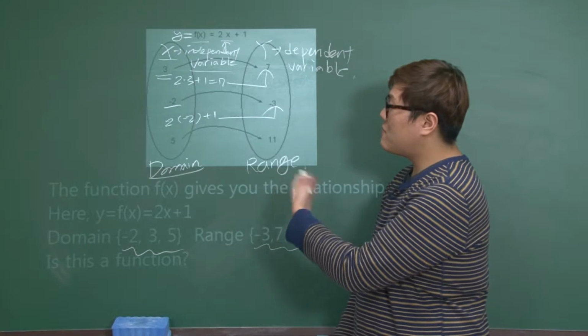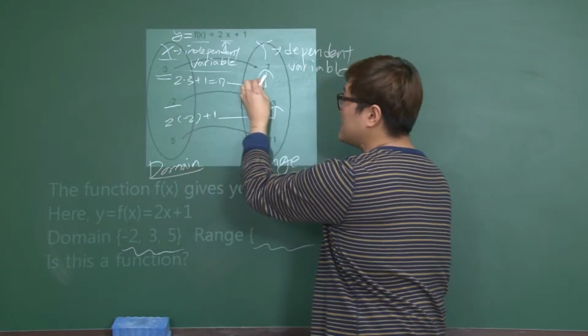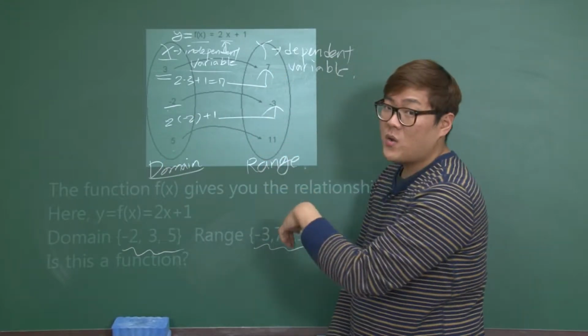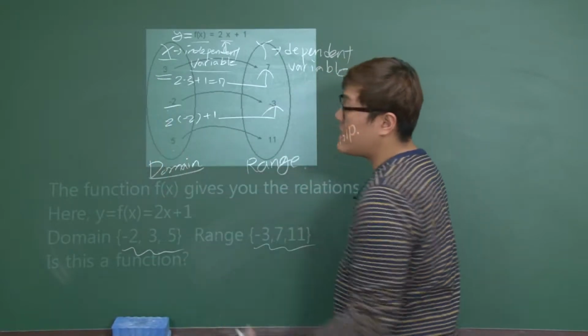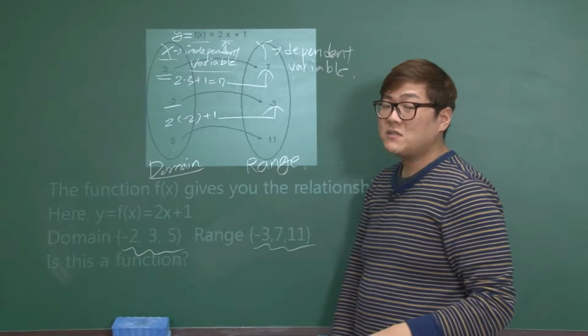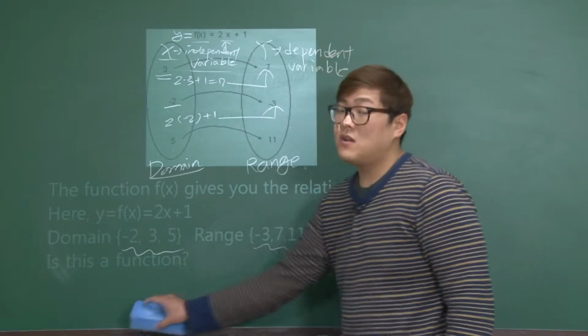What about domain and range? Let's think about it. No x values are shared by two or more y values. Also, all the values of x in the domain have a pair with a value in the range. So is this a function? Yes, it is a function.